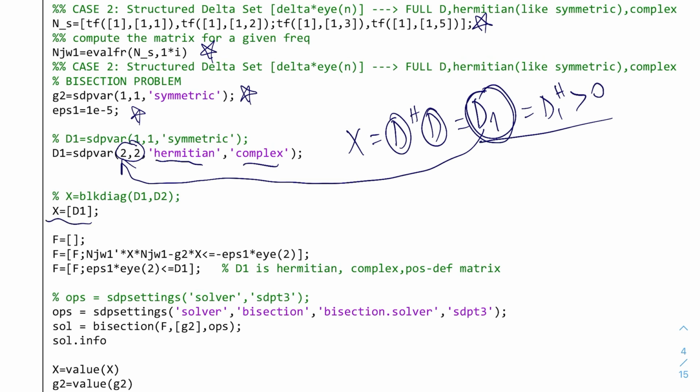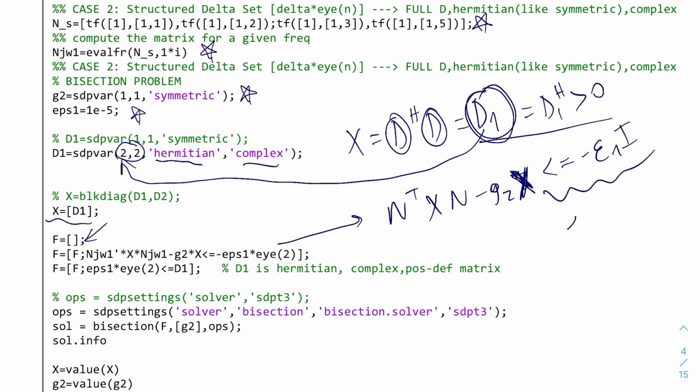Okay, here x equals D1, and here f is an object where we put our constraints, right? And let's look at the constraints. N transpose x n minus g2. Again g2 is like gamma square, right? Identity, sorry, not identity, like x, again x, and negative definite, right?